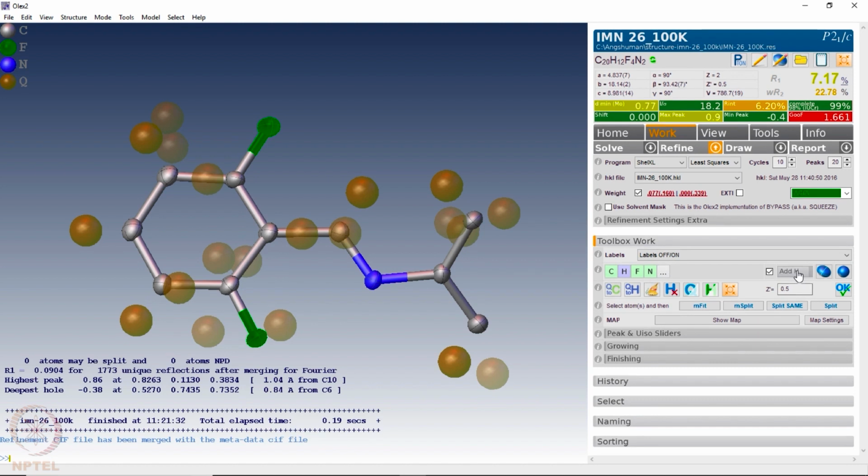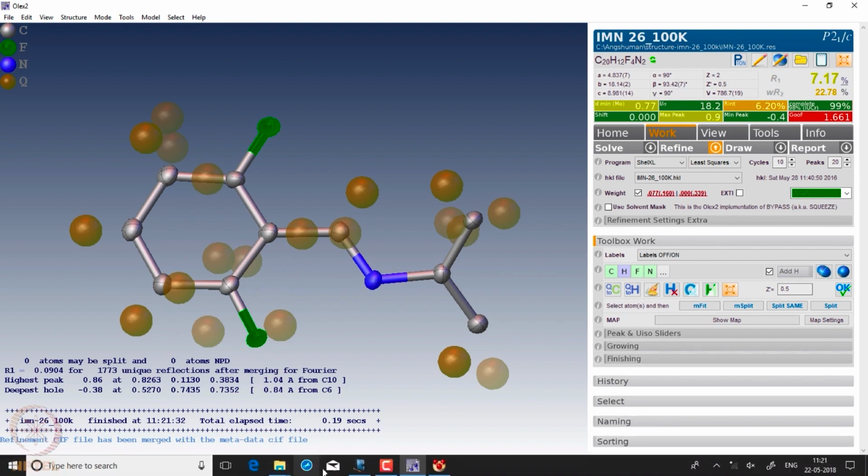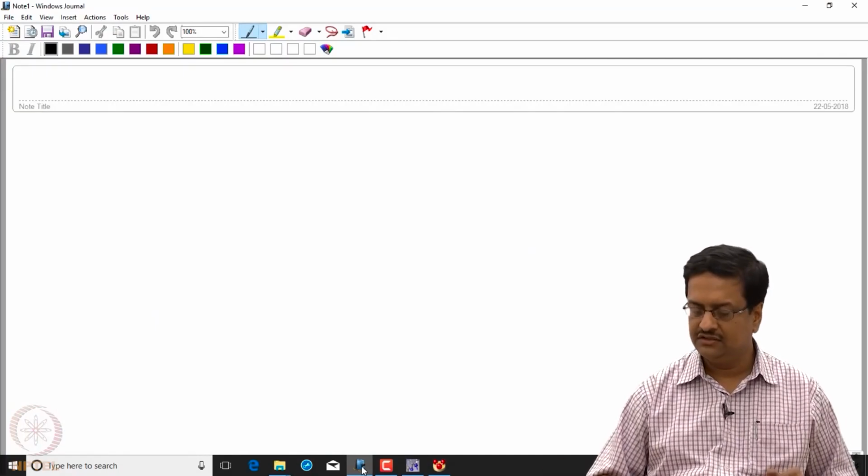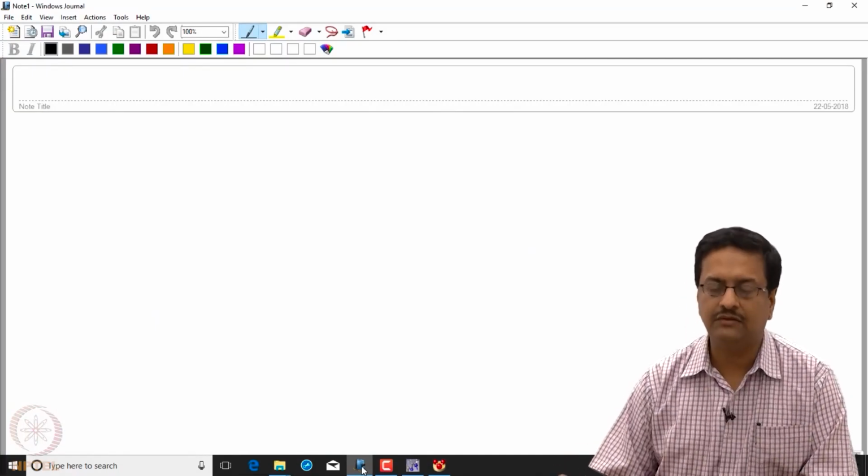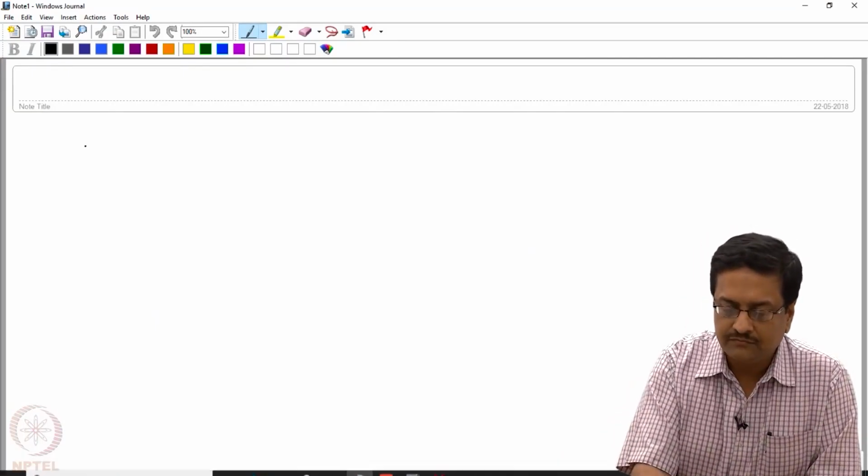For those who are interested to learn more about HFIX commands, I would suggest that you look at the SHELX manual for those specific HFIX command numbers, because there are different numbers for different types of hydrogens. For example, some of them are routinely used.